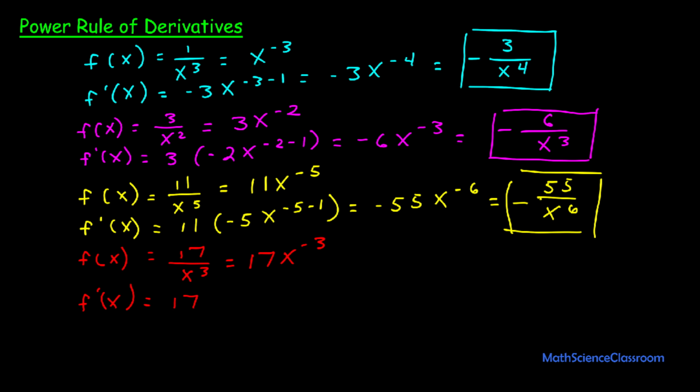So we've isolated the constant, and now we're going to apply the power rule, minus 3x to the minus 3 minus 1. So there we've applied the power rule, and now we multiply it all out, equals negative 51x to the minus 4. Now we get rid of the negative exponent, so we have negative 51 over x to the fourth.